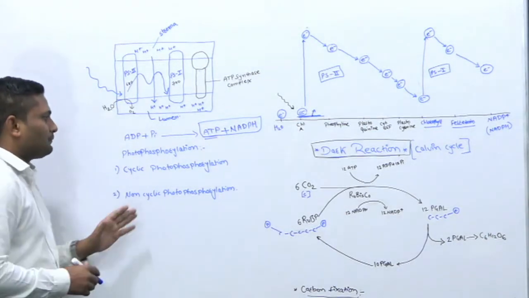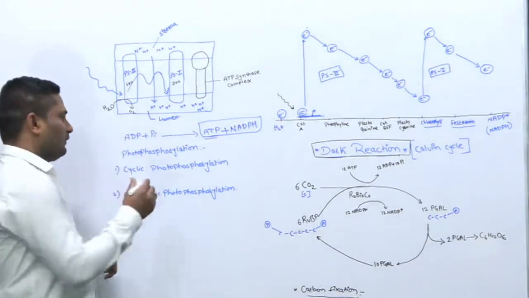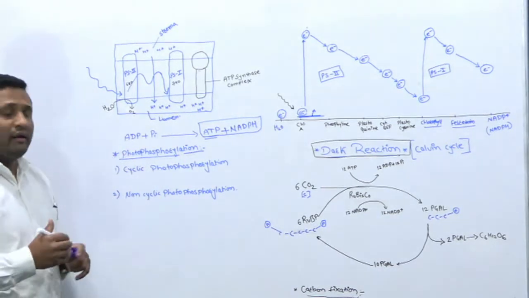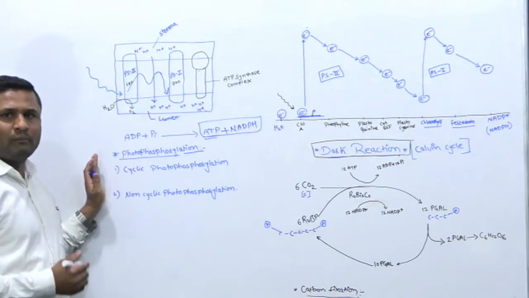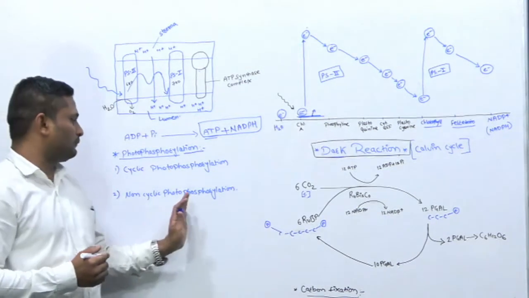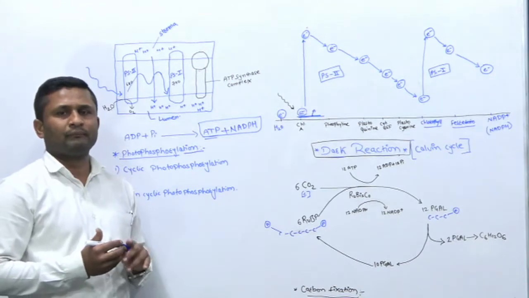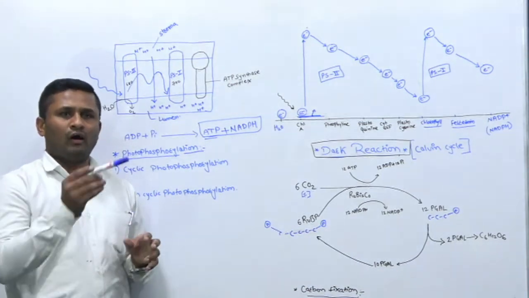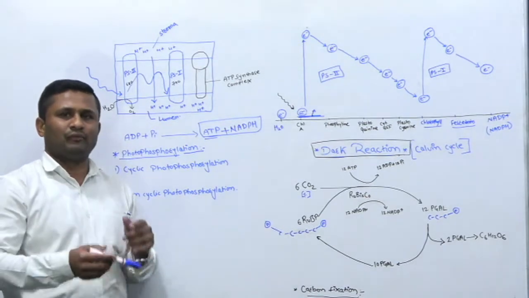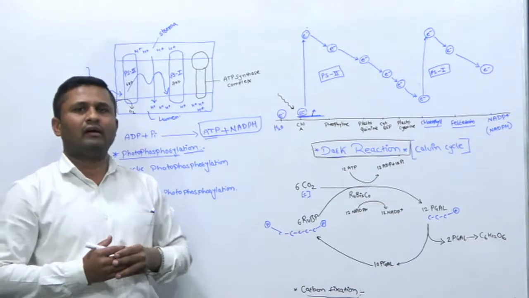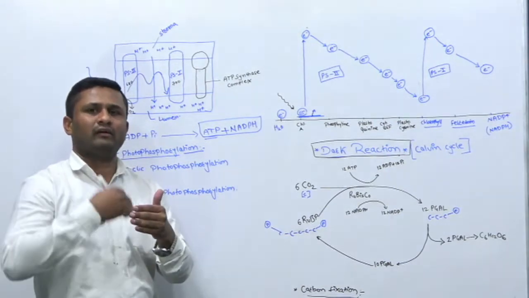Now this photophosphorylation can happen in two ways, right? It can be cyclic photophosphorylation, or it may be non-cyclic photophosphorylation. Now what is cyclic and non-cyclic photophosphorylation? All of us know that when we talk about any cycle, cycle means reuse.